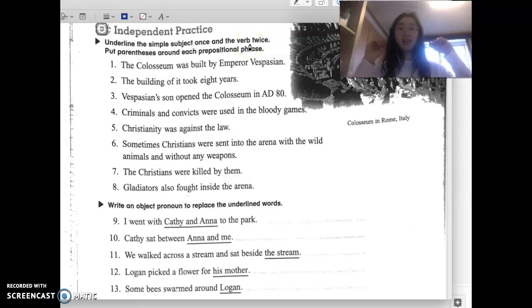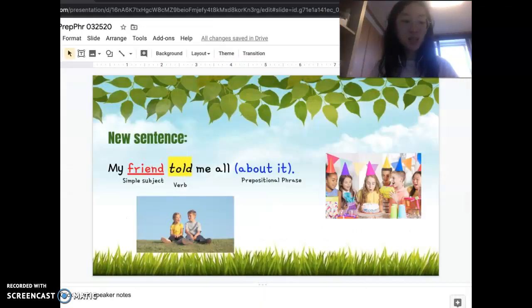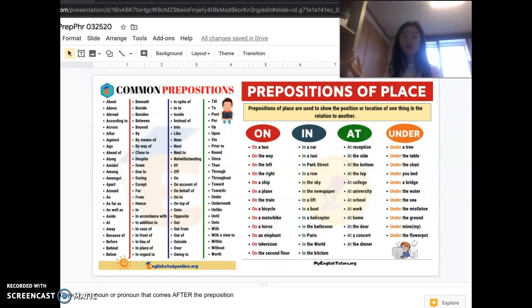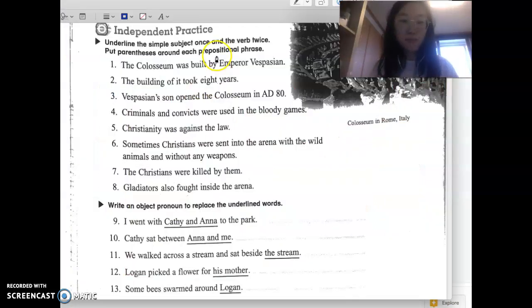All right, let's go. The Colosseum was built by Emperor Vespasian. Subject, well, actually, let's do the prepositional phrase first, right? Prepositional phrase, so again, here's the list if you need to see it. By Emperor Vespasian.